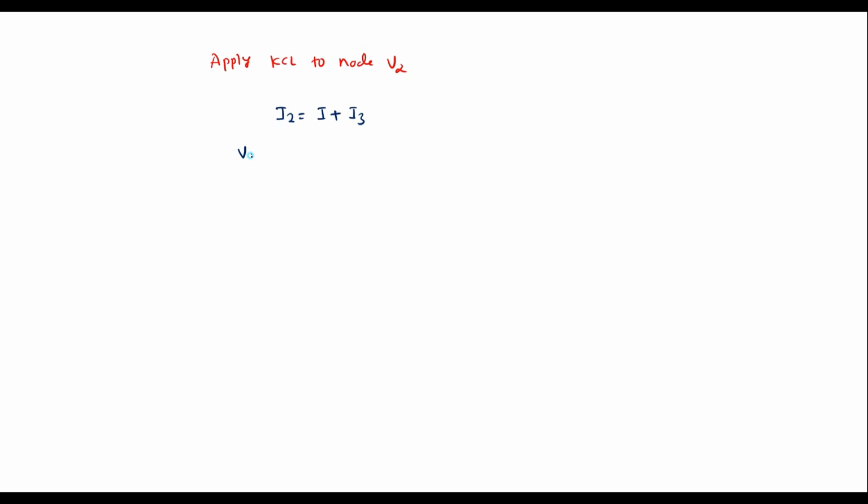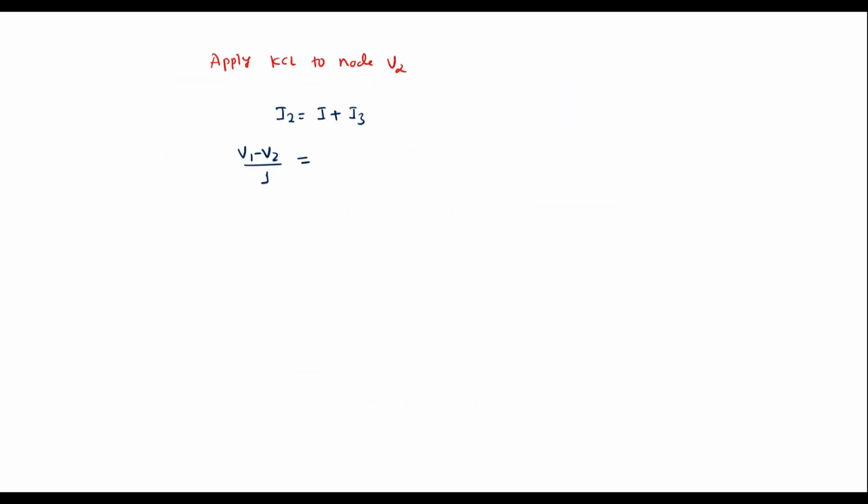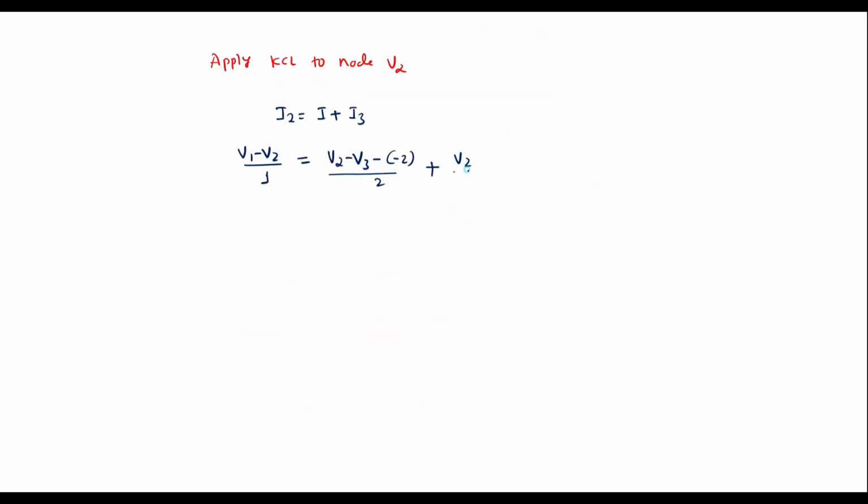So I2 is nothing but V1 minus V2 divided by 1 plus this I is nothing but V2 minus V3 minus of minus 2 divided by 2, plus I3 is nothing but, so here I3 is the current which is flowing, this by default will be a 0 potential node, so I3 is V2 divided by 1.